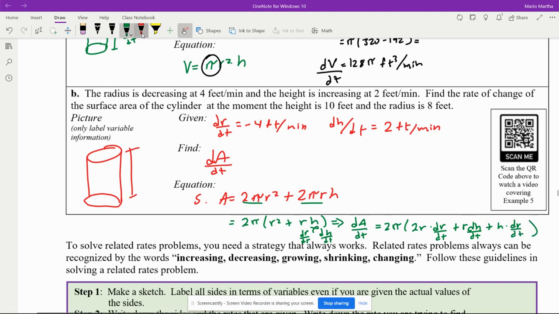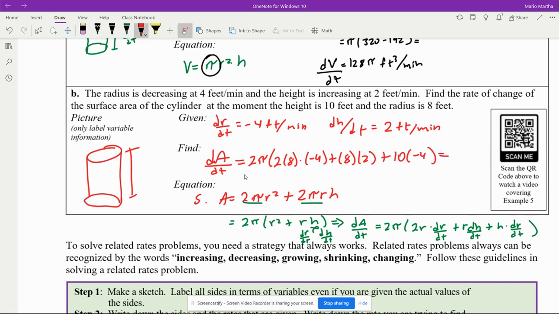All right, and then we want to start doing our substitution to figure out what dA/dt is equal to. So again, 2 pi times 2r, which would be 2 times 8 times dr/dt, which is -4, and then plus r, which again is 8, times dh/dt, which is +2, and then plus h, which in this case happens to be 10, times dr/dt, which is -4.